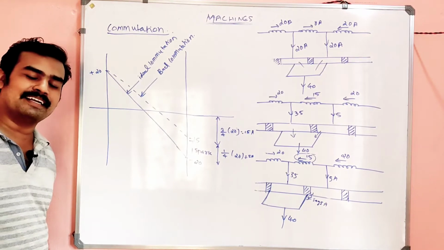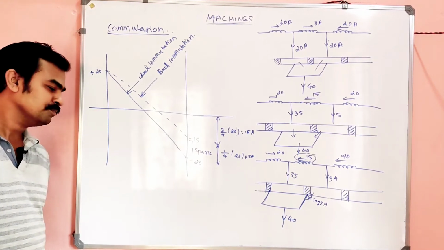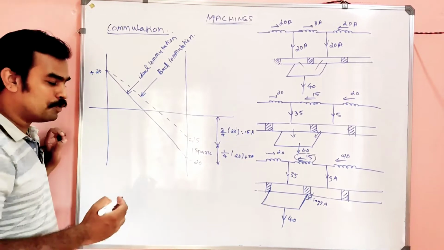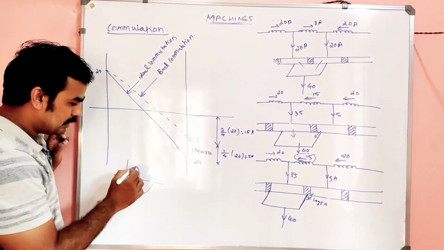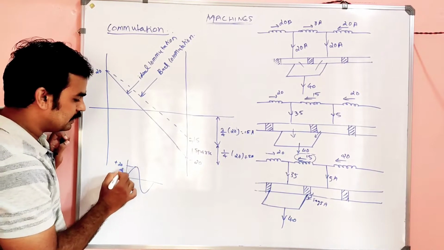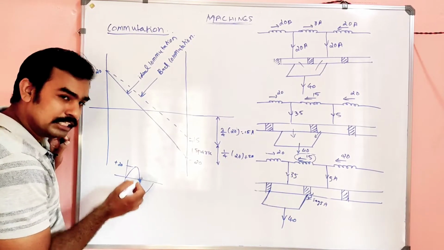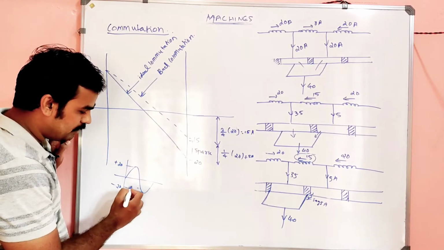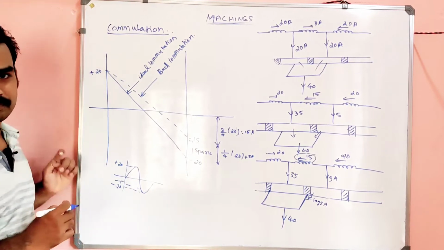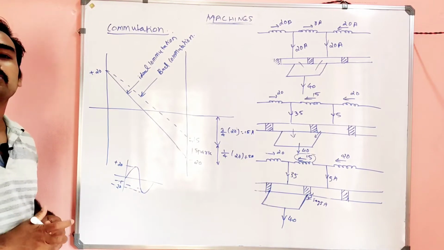Or in simple words, my dears, suppose you consider the waveform: this should be plus 20, this should be minus 20, but it is not there, it will be in between, minus 15 will occur. That means there is a distortion in the waveform.